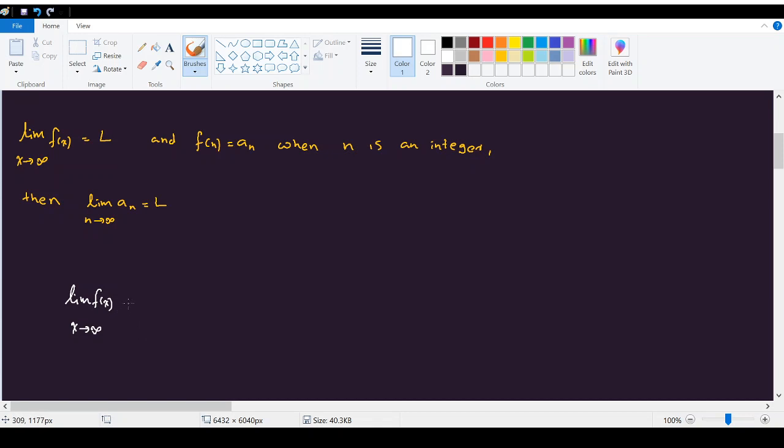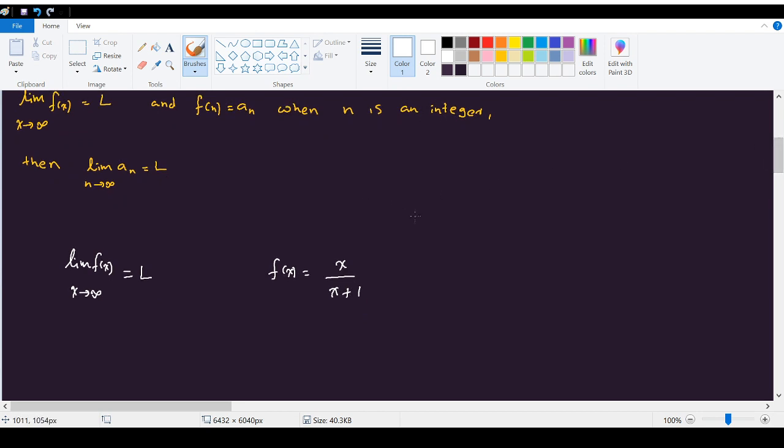Say the limit of that function is equal to L. For example, consider the function x over x plus 1, which is the same thing that we did before, and here the limit of this function when x goes to infinity was equal to 1.